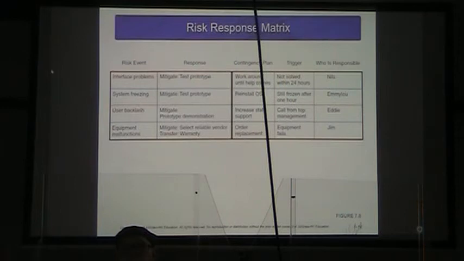Interface problems, we will mitigate by testing the prototype. If we are having interface problems, we're going to do a workaround until help comes. And what is the trigger? The trigger is if we can't solve those interface problems within 24 hours, and we're going to have Niles in charge of implementing that.